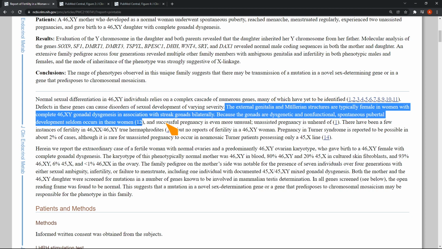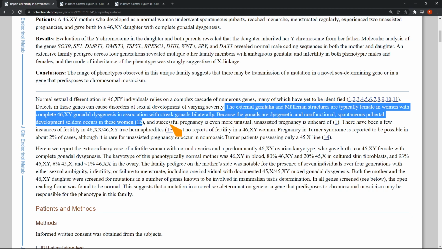syndrome that maybe you've heard of if you're fans of Hans Wormhat. This is known as Swyer syndrome. Swyer syndrome is when patients have the karyotype 46XY, so they have the XY chromosomes, but they present as female. The only problem with Swyer syndrome is it typically manifests as infertile women.